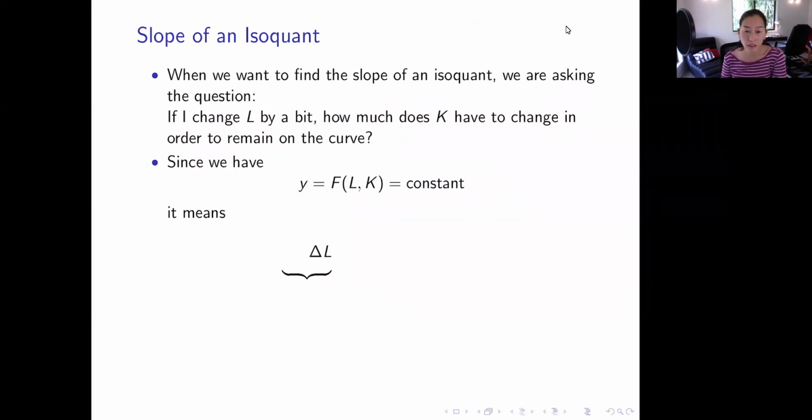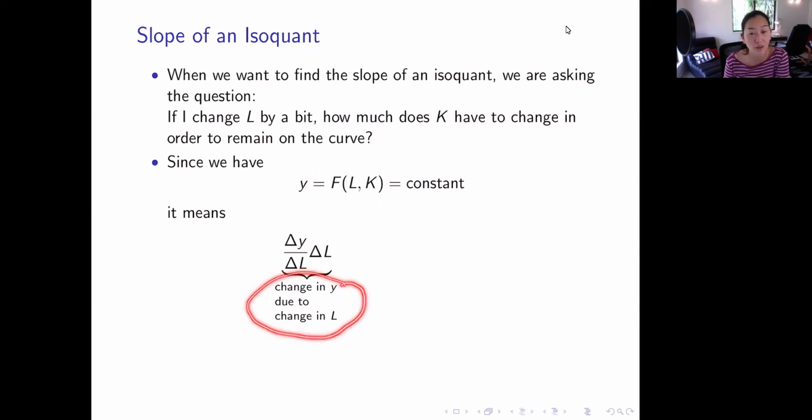It means that the change in L multiplied by the marginal product of labor, the change in Y due to the change in L, right? So the first term means how much the output changes when 1 unit of labor changes, that is MPL, right?